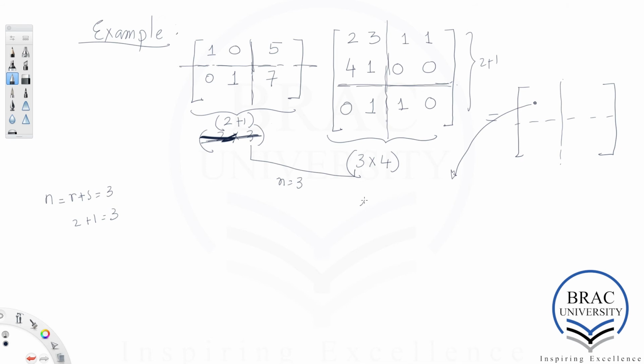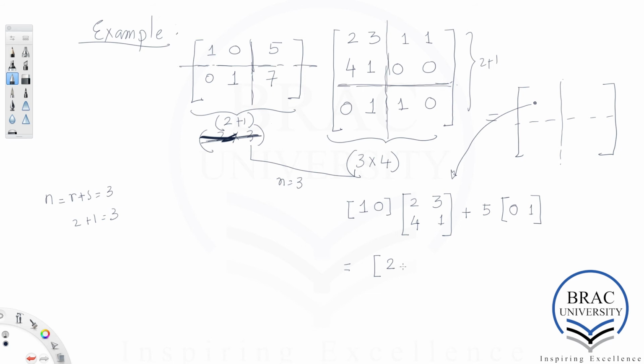Okay, so this block we are going to get by this operation, right? 1 0 gets multiplied with this 2 times 2 matrix, 2 3 4 1, and 5 is going to get multiplied with 0 1. Okay, so you see that the first entry is going to be 2. This is going to be a row vector with only 2 columns.